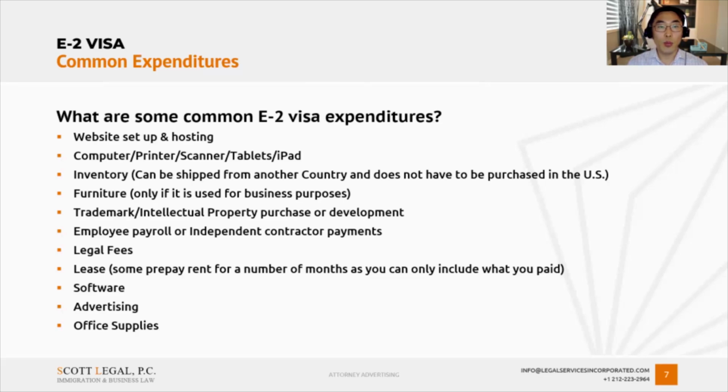One important point to remember is that while these are generally considered good expenditures, we do not recommend concentrating all of your spending on just one or two categories. Let's say you are a consulting business and you spend maybe $5,000 on a website and computer equipment.